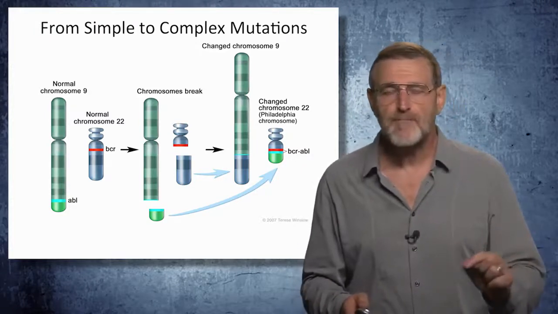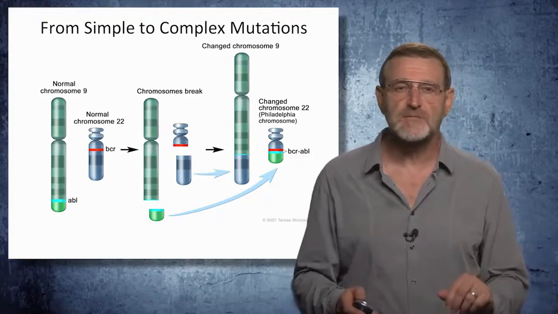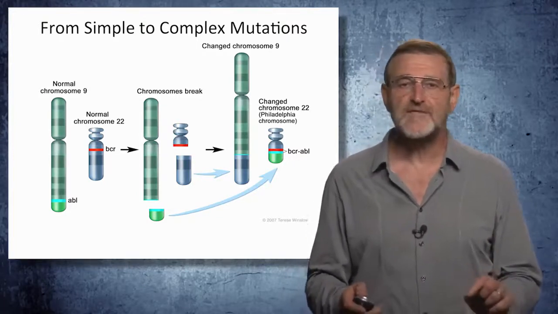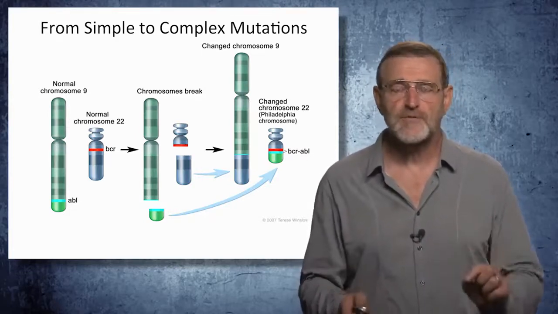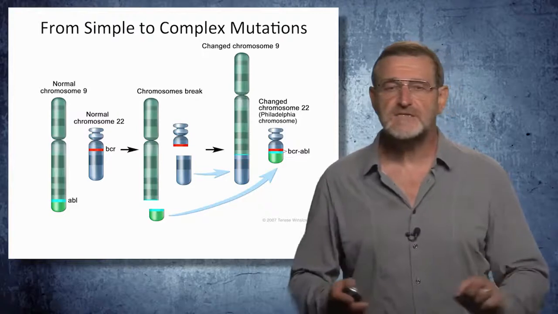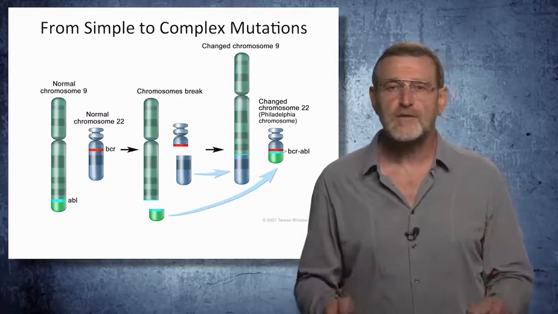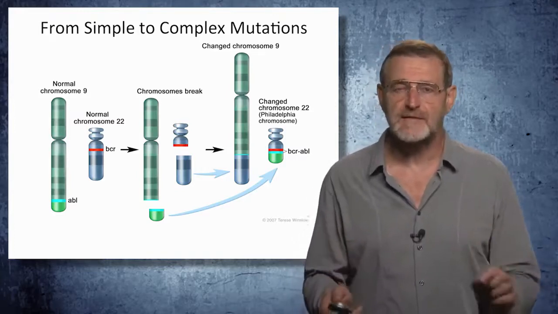But there are more complex mutations that work as an earthquake operating on the genome. In this particular case, I'm talking about the so-called Philadelphia chromosome that is formed from two normal human chromosomes. Pieces of these two normal chromosomes exchange position. As a result, two chimeric chromosomes are formed as shown here.